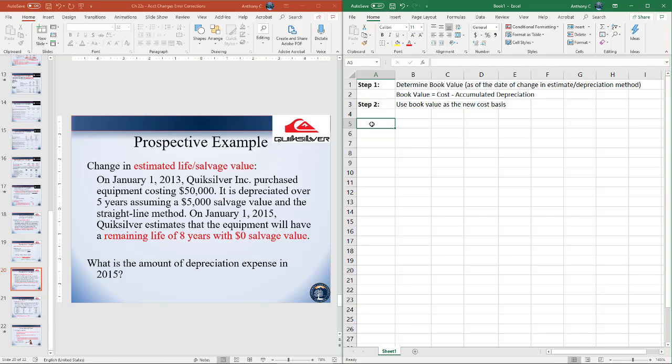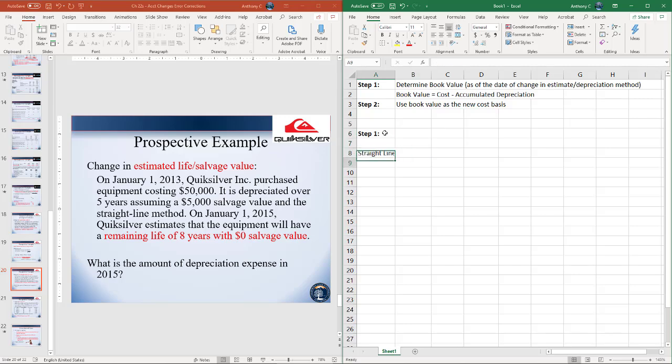And so it's asking for the amount of depreciation expense in 2015. So again, step 1, we're going to figure out the book value, and so we need to figure out accumulated depreciation for the first 2 years. In this example, we're just using straight line all the way through.